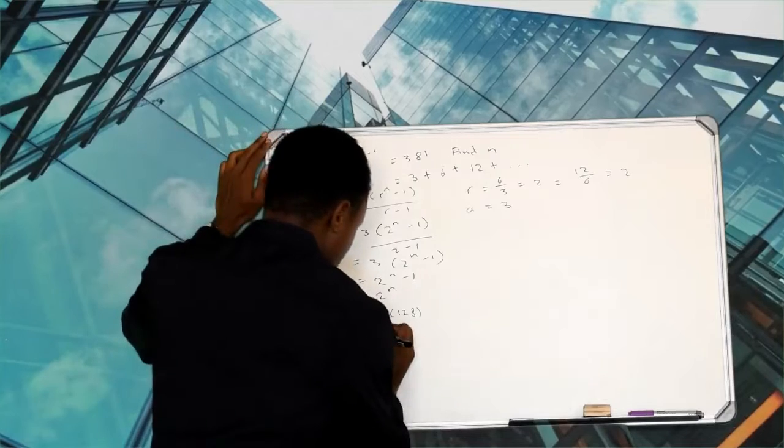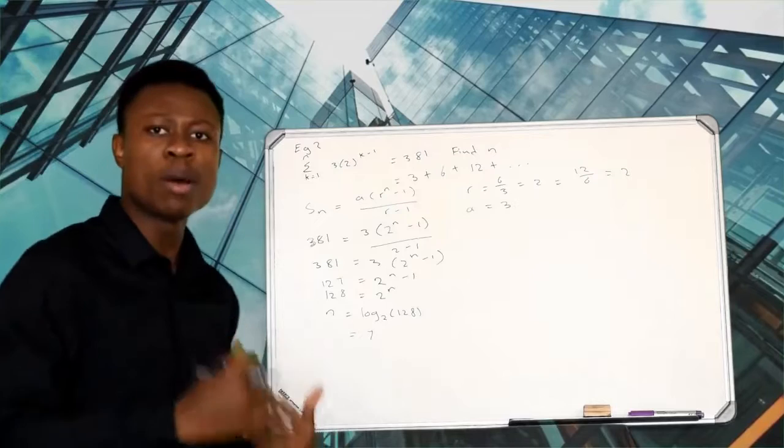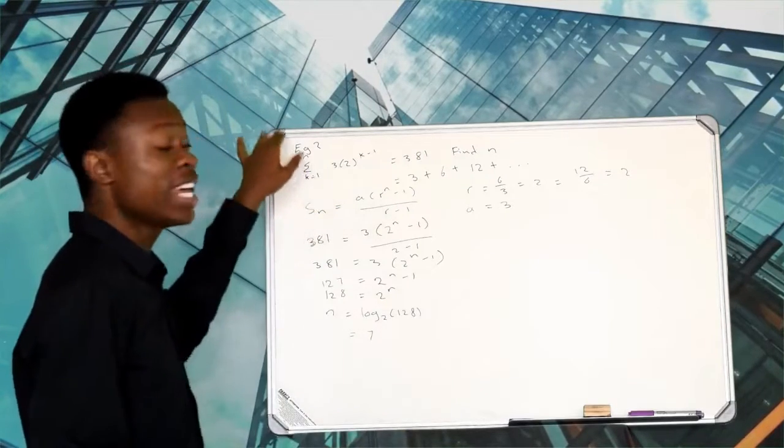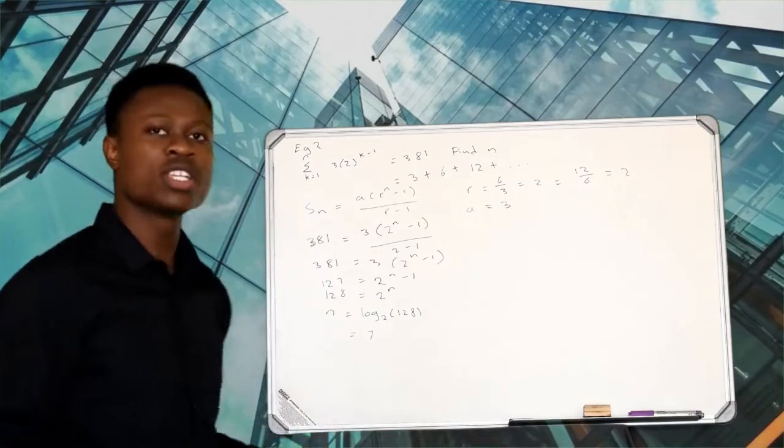I got 7. What does 7 mean? It means 7 is the total number of terms that you have, and also it is the last term. Why is it the last term and also the total number of terms?